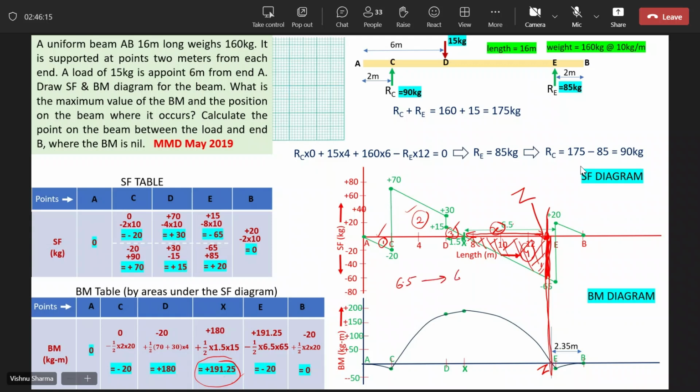So over 1 meter, the height will change by 10 units, and over x meters, this will change by 10x. Am I right, guys? Yes or no? Correct. So the height of this red triangle here will be 10x.